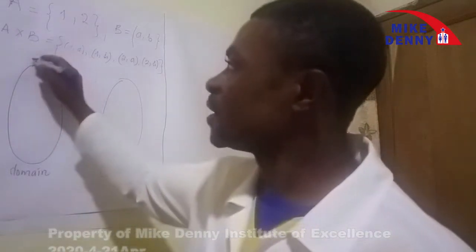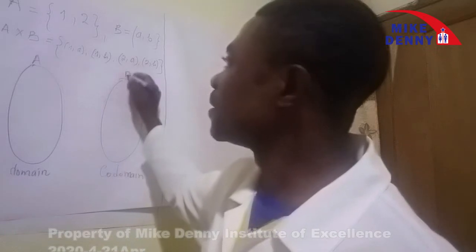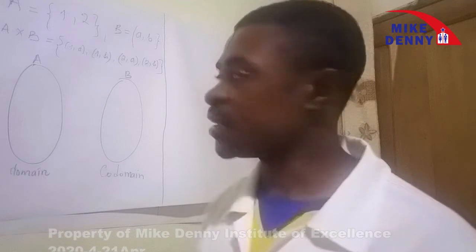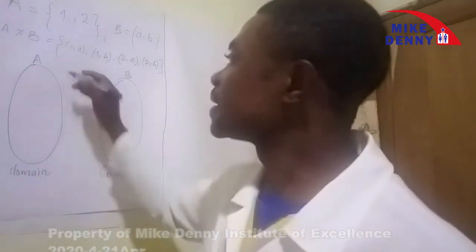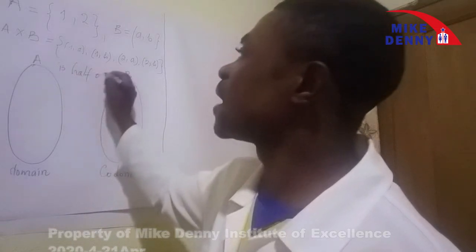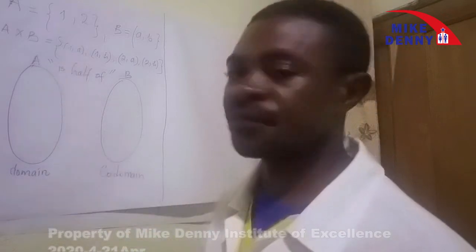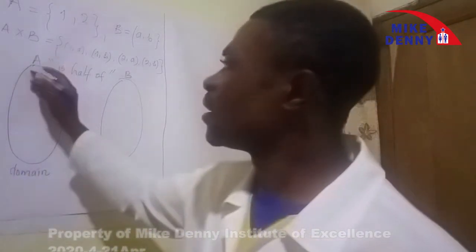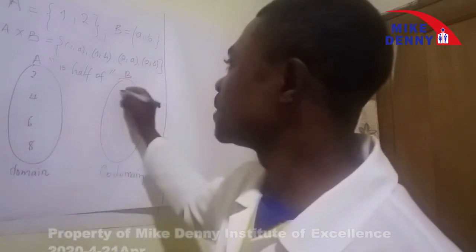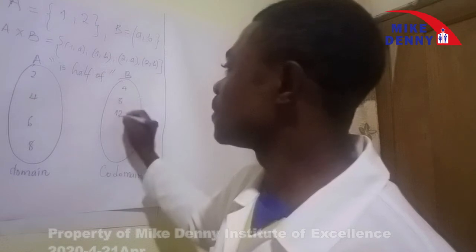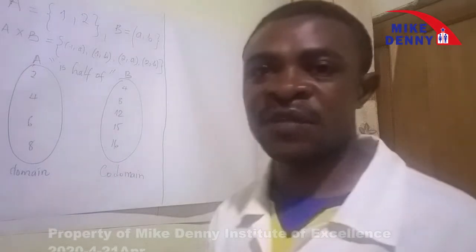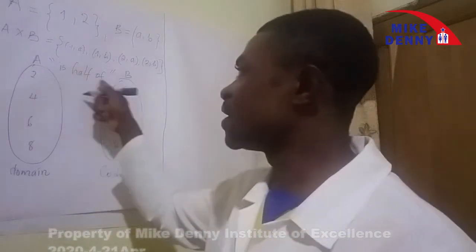So I can label the domain as A and the codomain as B, and I state my relation. That is what we did in the last class. I said if we have 2 sets and a relation is "half of", in quotes, and A has elements 2, 4, 6, and 8, and B has elements 4, 8, 12, 15, 16, then we shall link the elements from set A to set B based on the relation we have above.